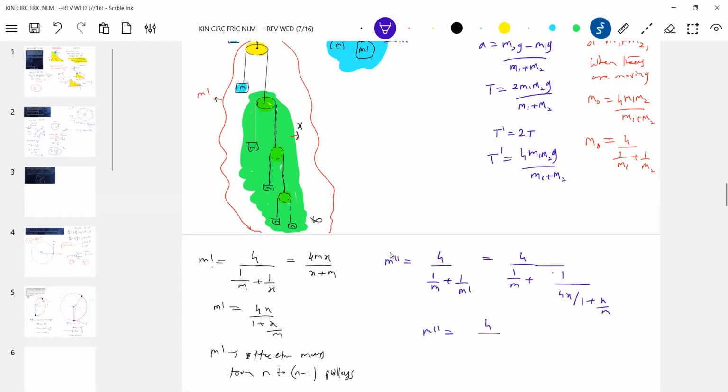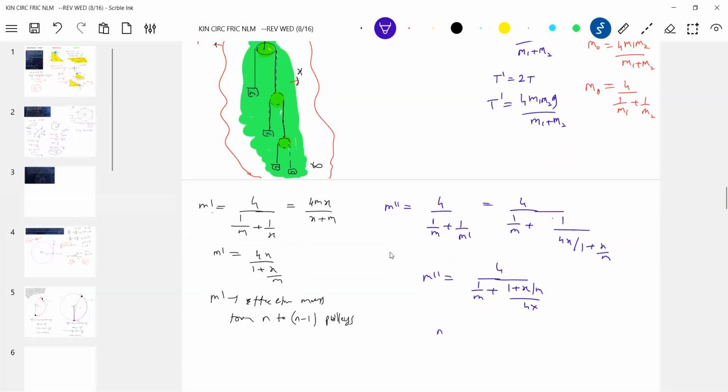So this will become 4 by 1 by m, 1 plus x by m by 4x. Let me simplify. How much will we get? 16x by 4x by m plus 1.